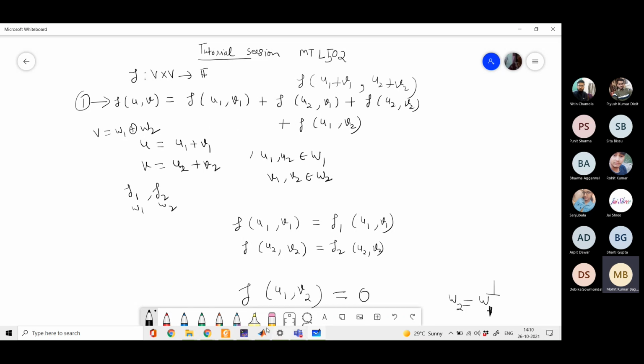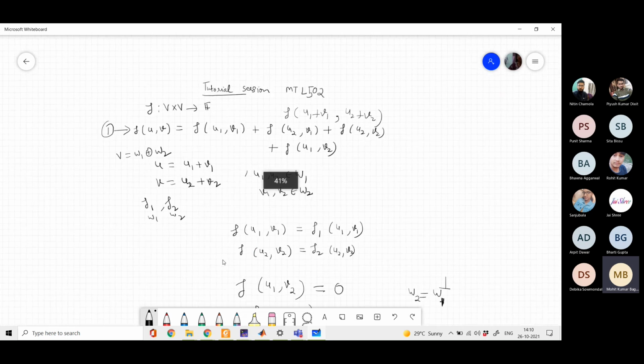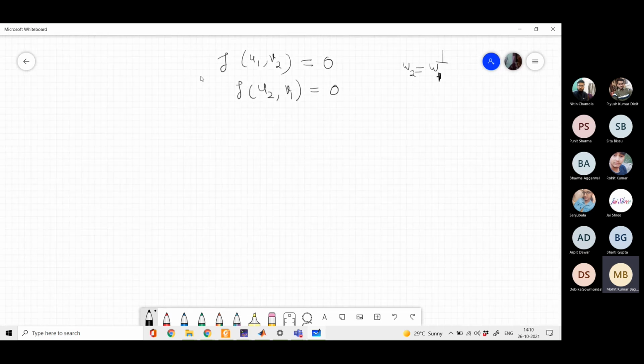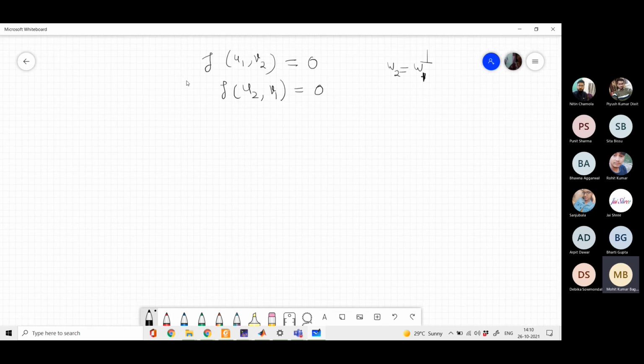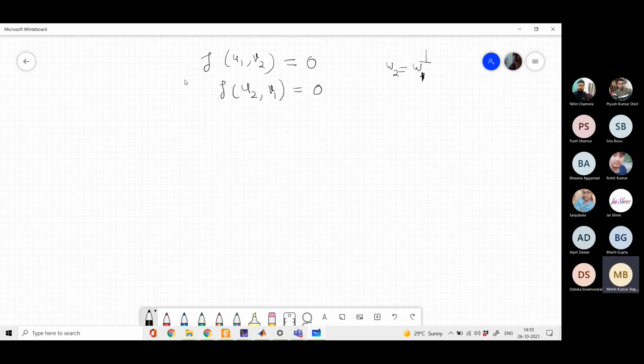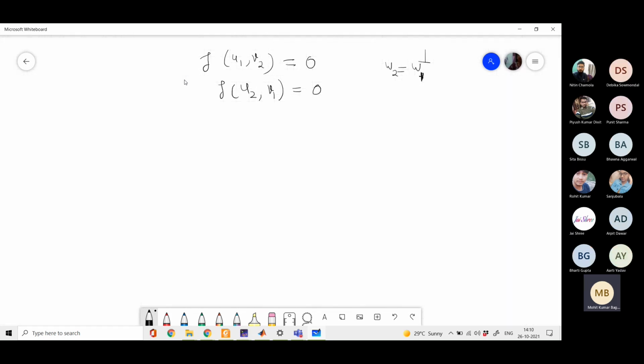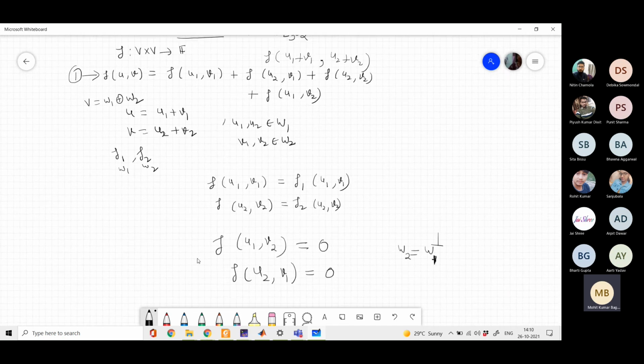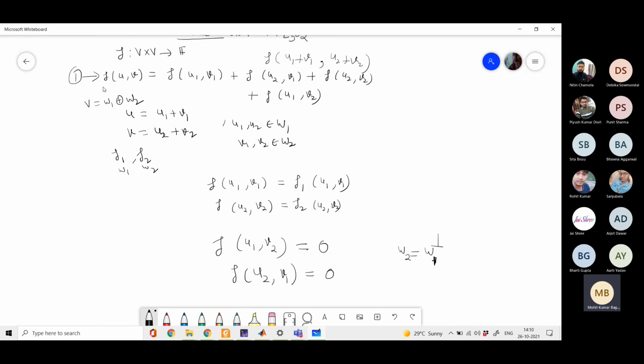This is easy now. So this was the main idea to proceed in this question. Is it clear to you how to do this? You just need to check all the properties, whether the inner product defined in equation one satisfies all of them or not.